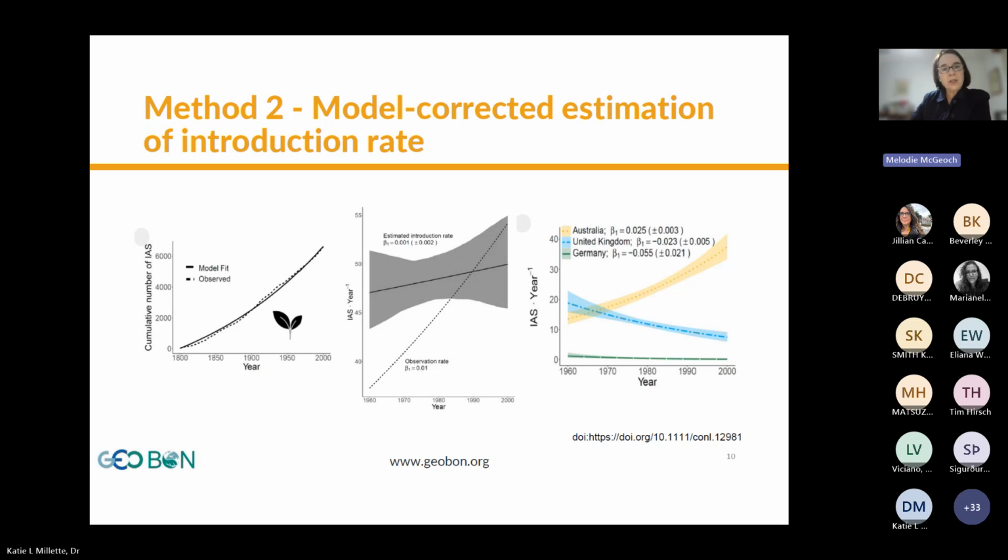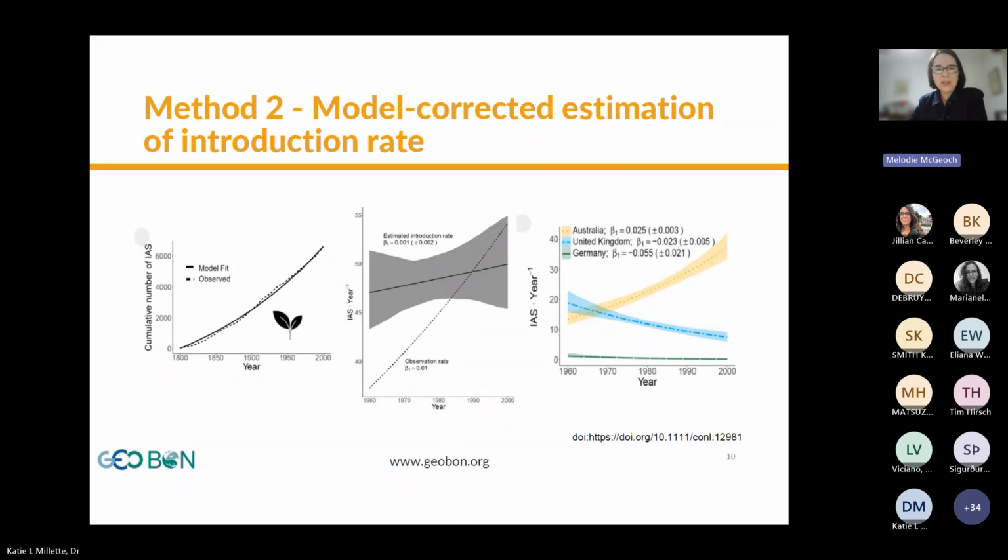So this shows that the particular model we used here, which is something called the Solow and Costello model, has an inbuilt assumption about survey effort, and it fits pretty well. However, if you use this model and then plot the outcome of the model instead of as cumulative number of IAS, but as invasive alien species per year, which is the rate, in the top line over here with the gray bars, we have the estimated introduction rate, and the dotted we have the observed rate.